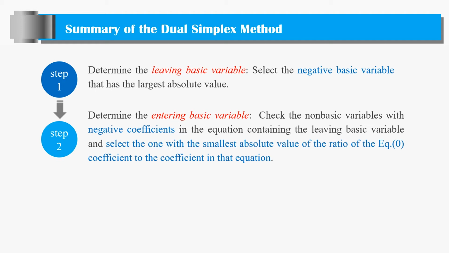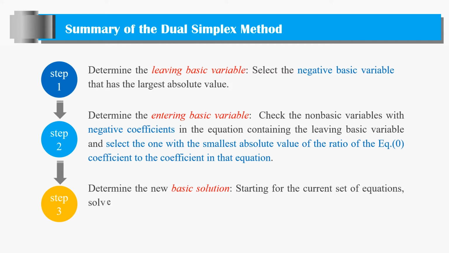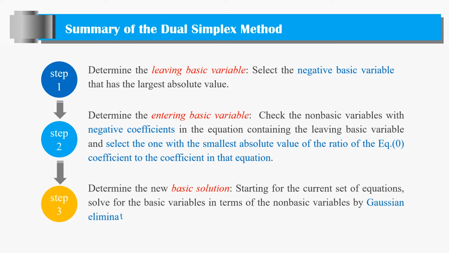So this can also be considered as the minimum ratio test. Step 3, determine the new basic solution starting from the current set of equations. Solve for the basic variables in terms of the non-basic variables by Gaussian elimination. Return to the feasibility test.